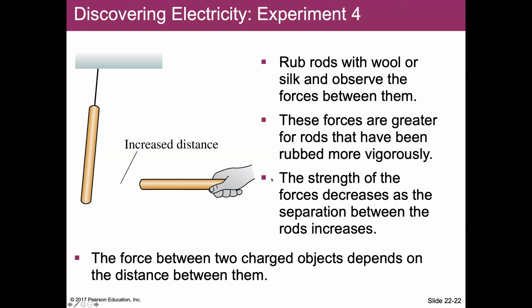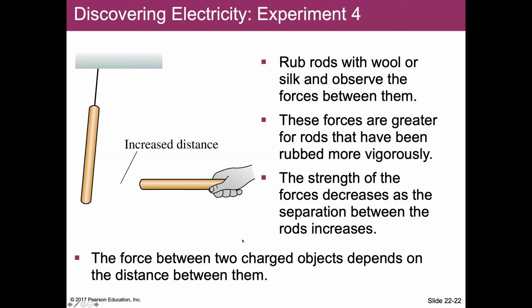The number 2 rule is that the strength of the force decreases when separating the rods, or when you increase the distance between those two rods. So distance is another factor that affects the magnitude of the force between two charged rods.